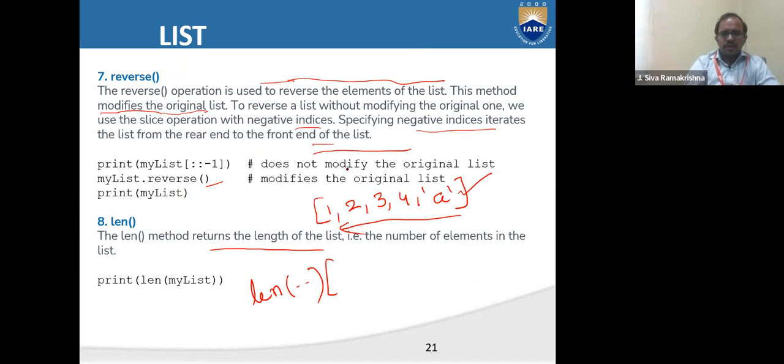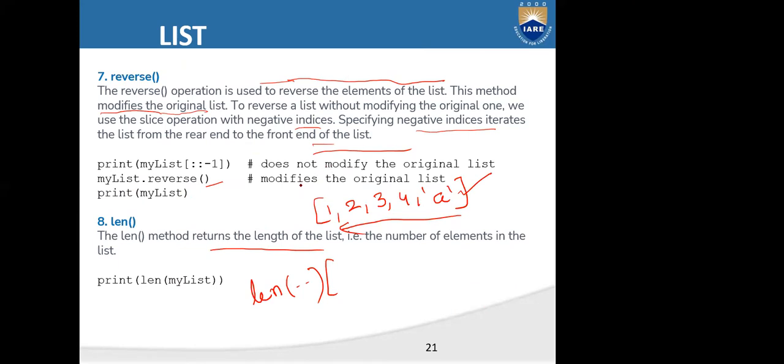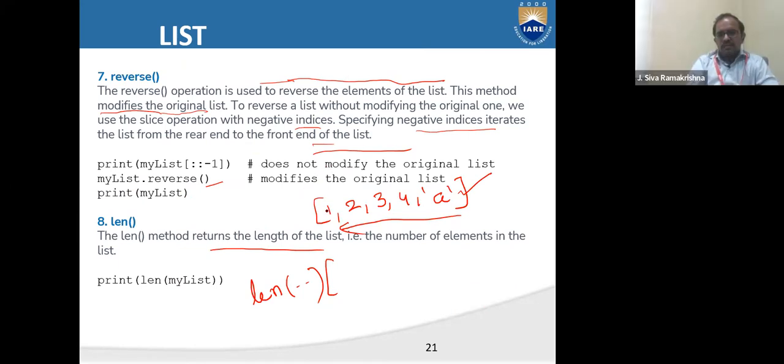Are you able to follow me? Any problem? Yes, sir. Okay, right. So here you are going to call the method directly by using the list name. A simple example: my list dot reverse. That's all. This particular list will be reversed.